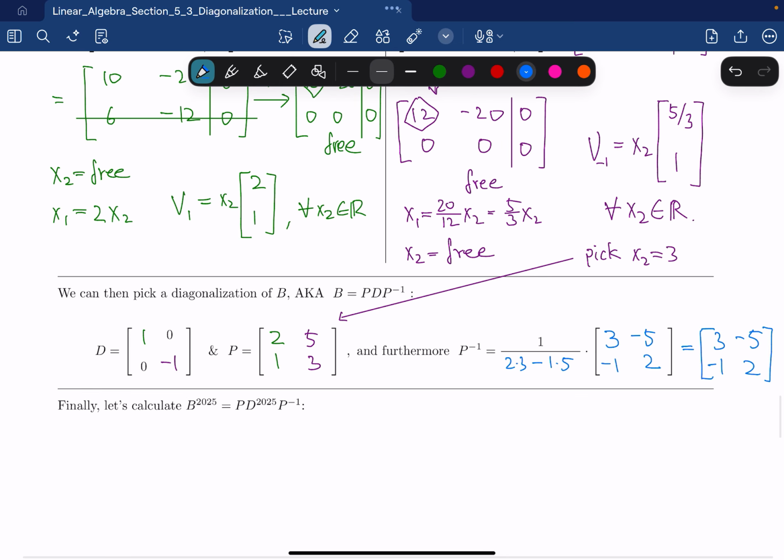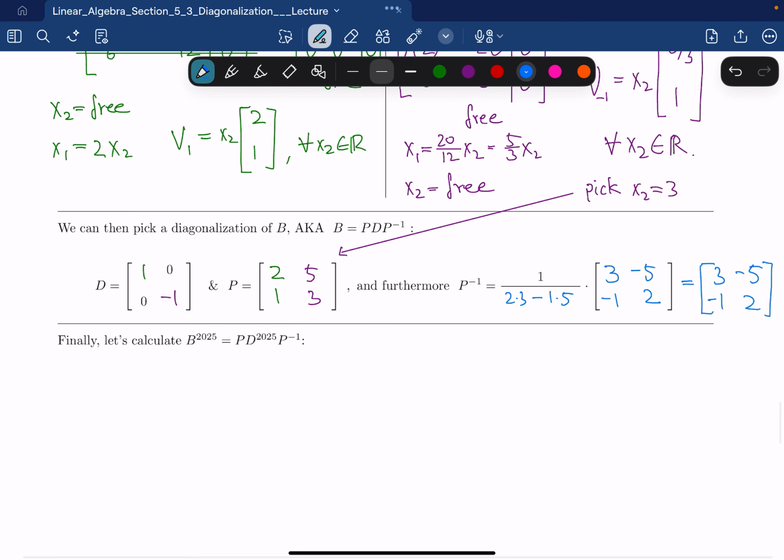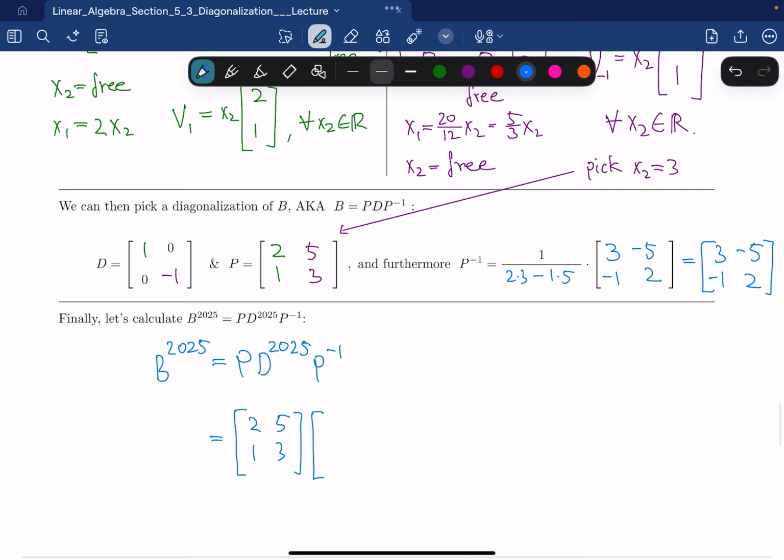Finally, we're ready to make our calculation. Let's go ahead and write this down. B to the 2025 is equal to P D to the 2025 P inverse. And that is just going to equal the P matrix, which is 2, 1, 5, 3, times the diagonal matrix to the 2025 power. But again, that's the beauty of the diagonal matrix.